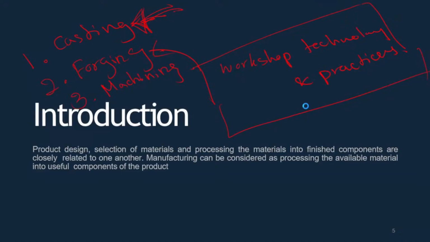Basically we can use lathe machine, milling machine, drilling machine, CNC machines. Then we can remove material using cutting tools, and finally we can achieve the desired final shape in our product.